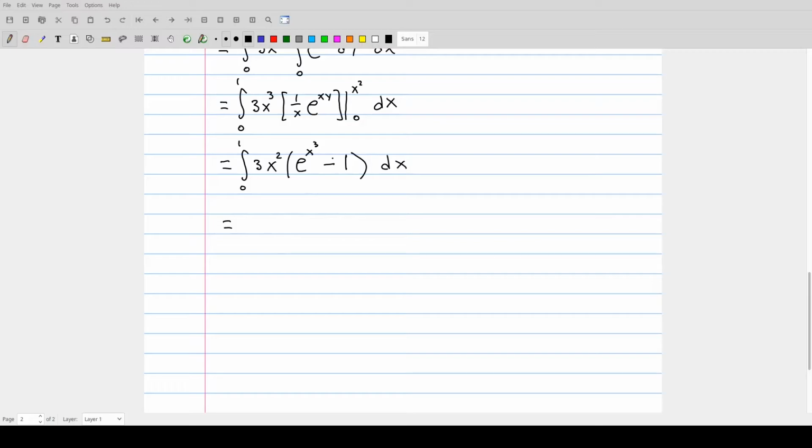So this is now a single variable integral from Calc 2, so we can use all of our rules from Calc 2 for single integrals. And I think the easiest way of looking at this is as the integral from 0 to 1 of 3 times x squared e to the x cubed dx, minus the integral from 0 to 1 of just 3x squared dx.